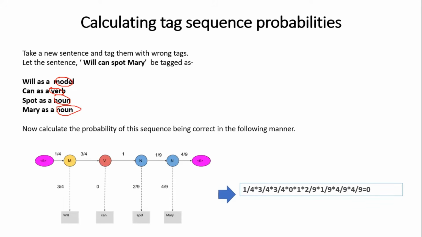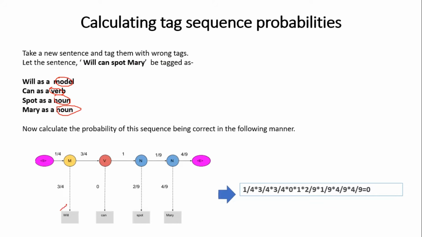Now we need to calculate the probability of the sequence being correct by using the following technique. So you can see this in the diagram. You need to take the words present in the given sentence. So we need to tag them with assumed tags.